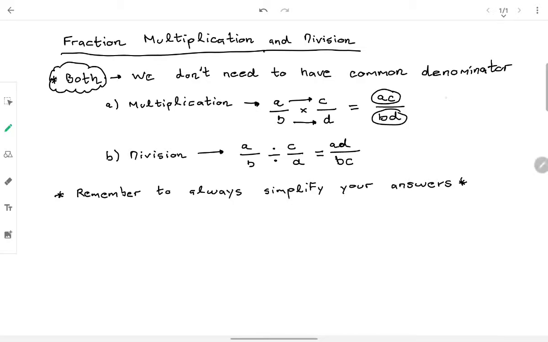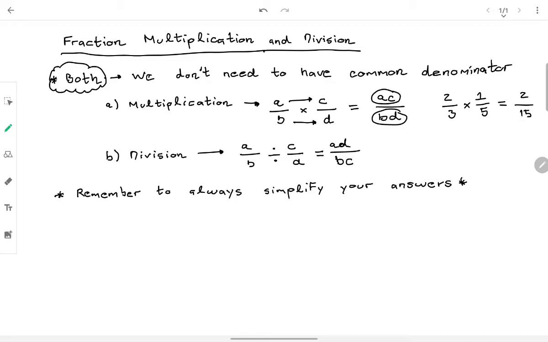So if we have something like 2/3 multiplied by 1/5, our answer will be 2 times 1, that will be the numerator, and 3 times 5, that will be the denominator.